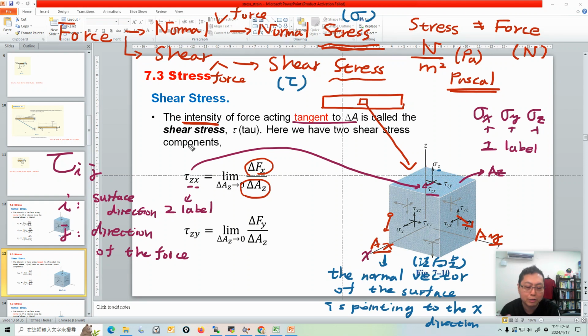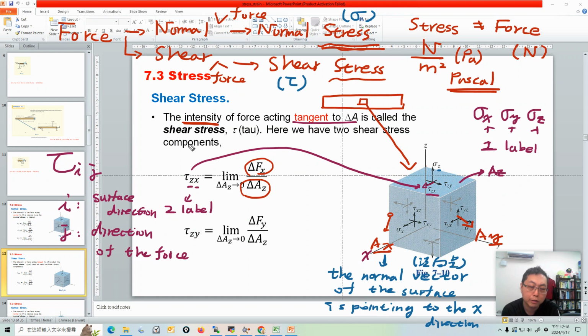Normal stress is simple. The force is normal to the surface. In shear stress, the force is acting tangent to the surface, and we have two labels. One is for the direction of force, the other is the surface direction. So that's a little more complicated.